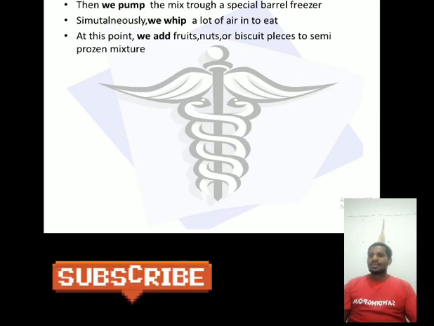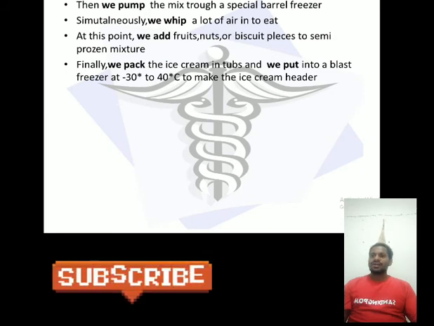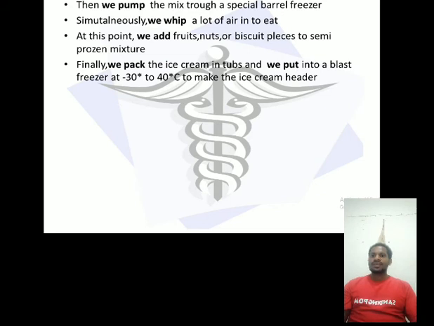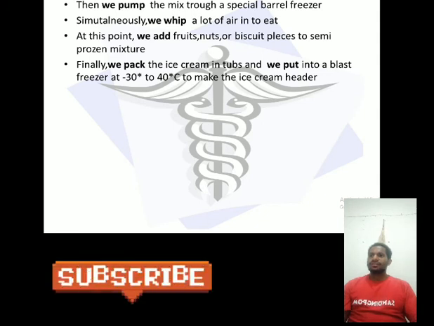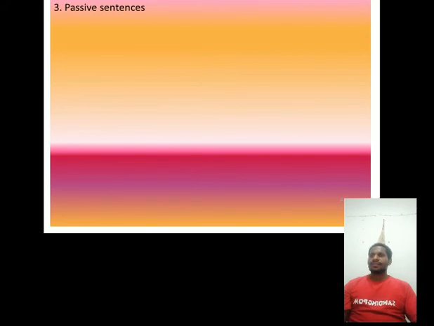At this point, we add fruits, nuts, or biscuit pieces to the frozen mixture. Finally, we pack the ice cream in tubs and put it into a blast freezer at 13 to 14 degrees to make the ice cream harder.